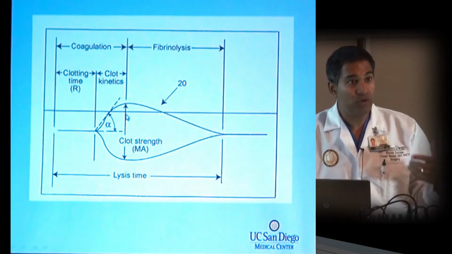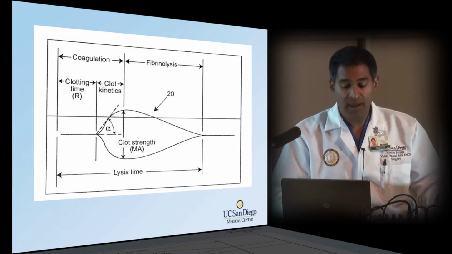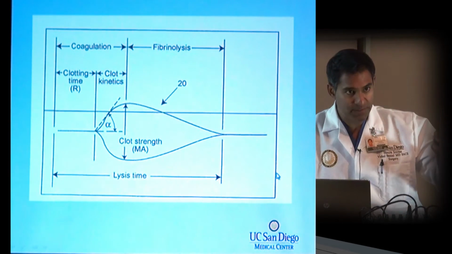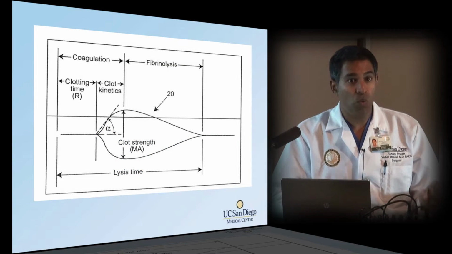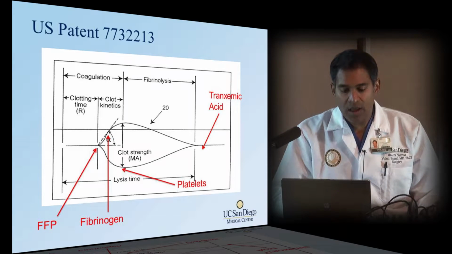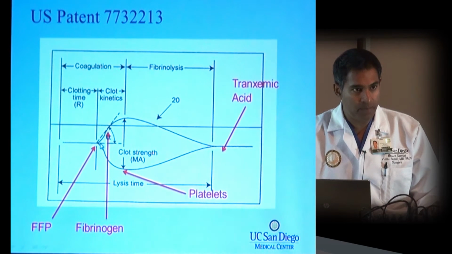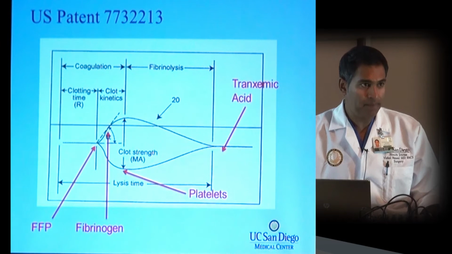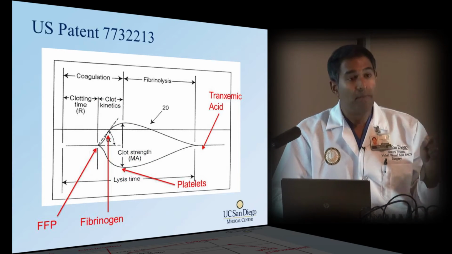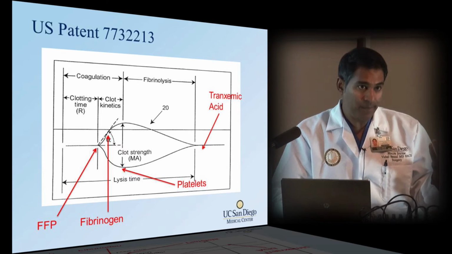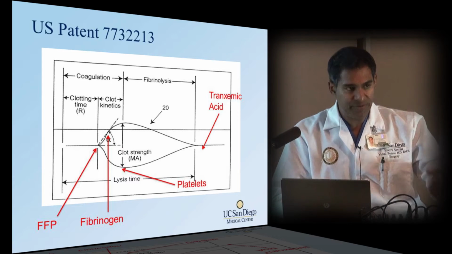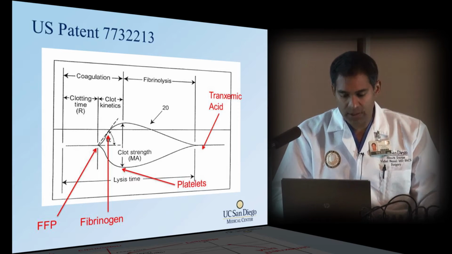Now, eventually, like we said, all clots start to dissolve. That's what's happening here. You have lysis, so the clot's starting to lyse. What does this mean clinically? If we have an R time that's too long, that patient probably needs FFP, because that's clot beginning to form. And clot beginning to form is in fact FFP, which has the clotting factors 10, 9, 12, 2 to some extent.